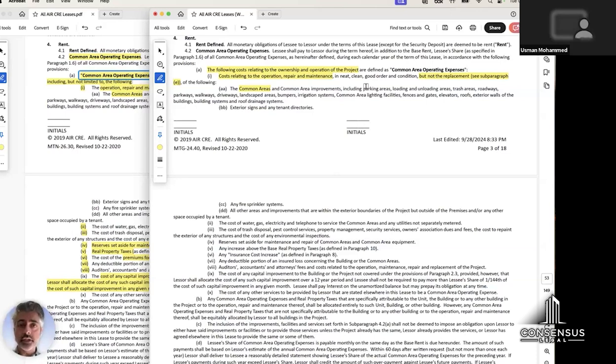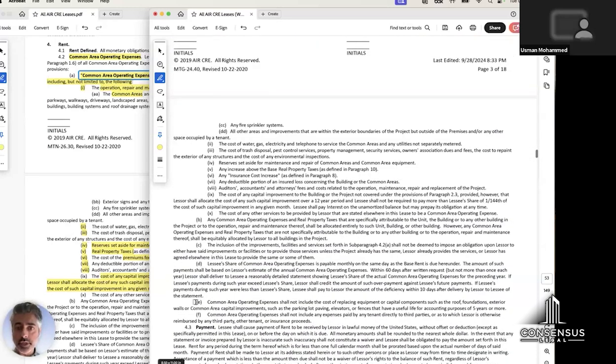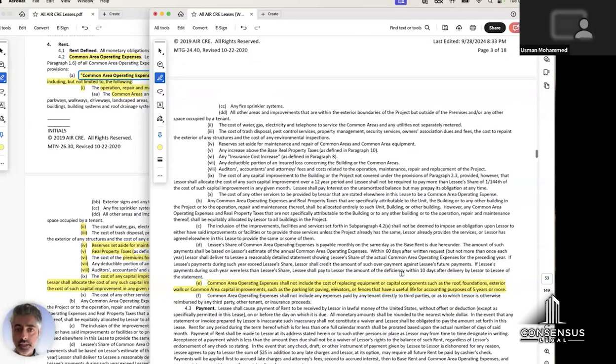Even though there's no base year for the CAMs in the gross lease, this is one of the key differences in the CAMs, that first bucket that lessees are responsible for. This 4.2A1 refers to subparagraph E, so let's just go down to subparagraph E because this clarifies it.